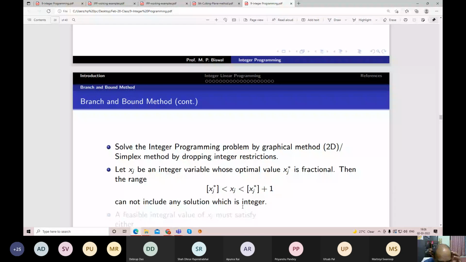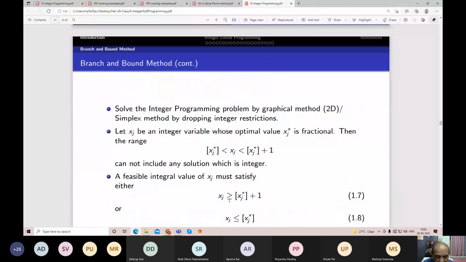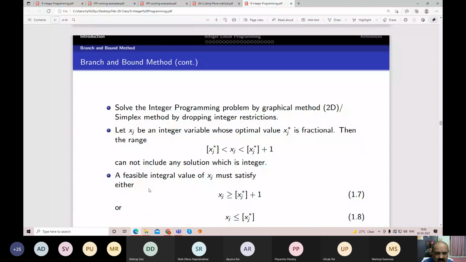Then which interval will include? This implies a feasible integral value of xj must satisfy xj greater than or equal to the integral part of xj star plus 1, or xj less than or equal to the integral part of xj star.